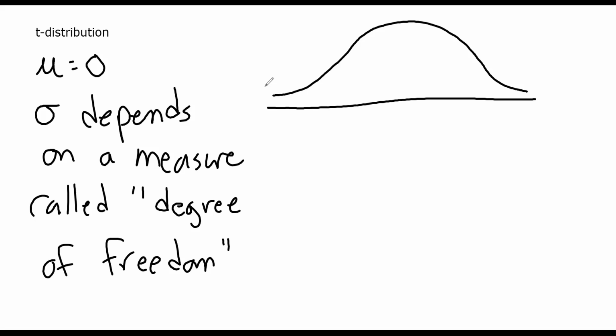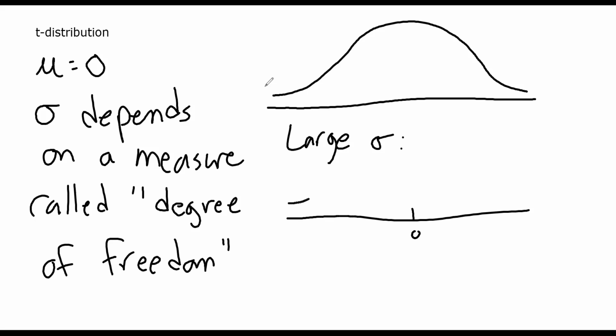Now, as a consequence of the standard deviation changing, a bell curve for a t-distribution can either be really flat and wide or narrow and skinny. For example, if you have a large standard deviation, whatever large means, then from the middle, you have to go really far out before you hit that inflection point.